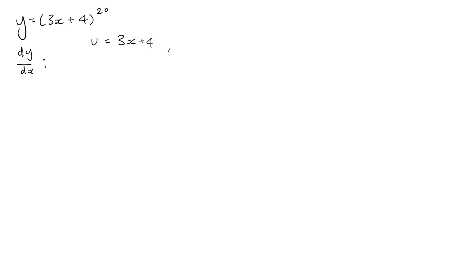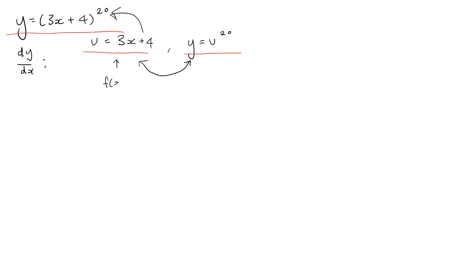That means the original function now becomes y equals u to the power of 20. So we get these two different functions here, and what you notice is that these two functions are composite functions. They can be linked to give this final function. If we call this f(x) and this g(u), then that composite function would be g of f(x).